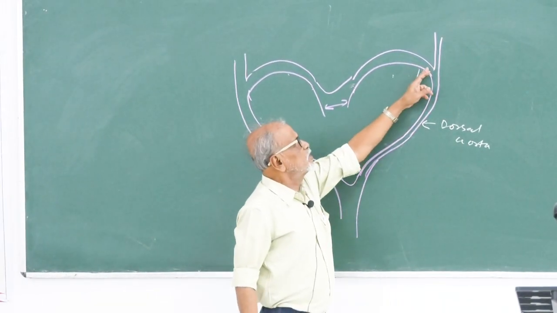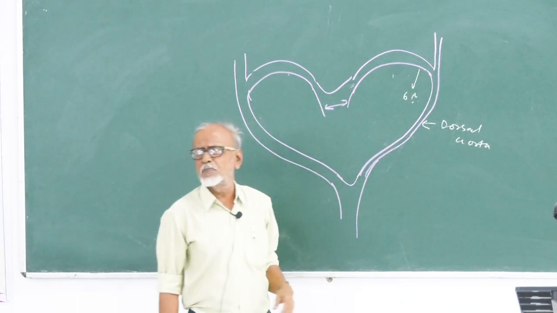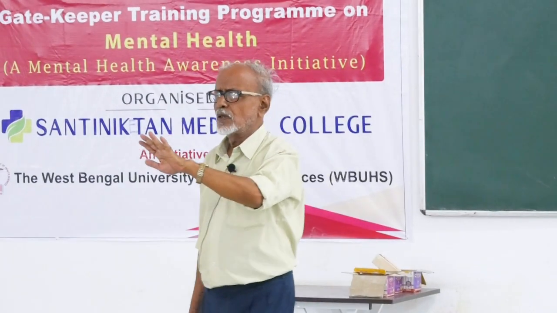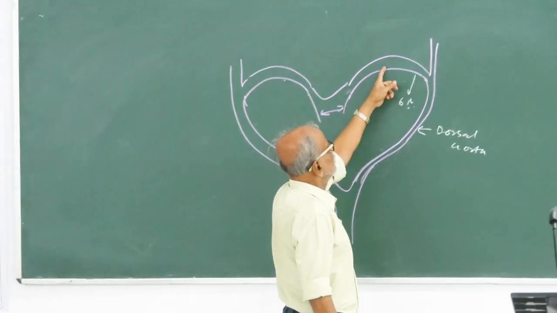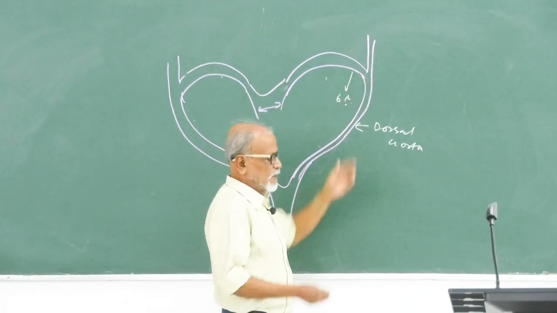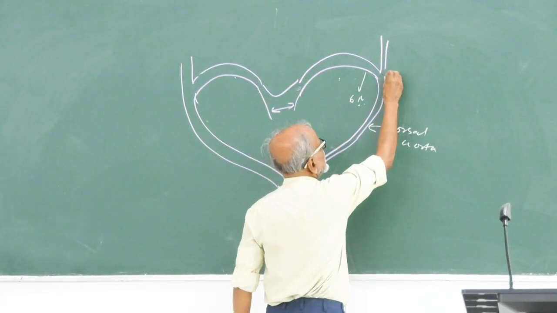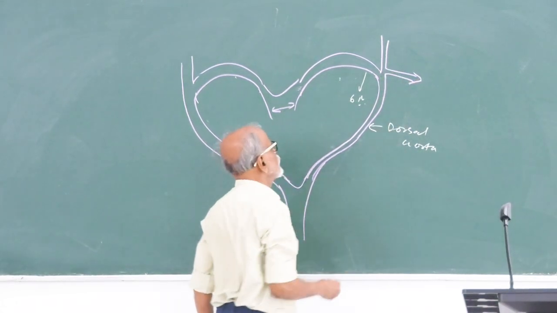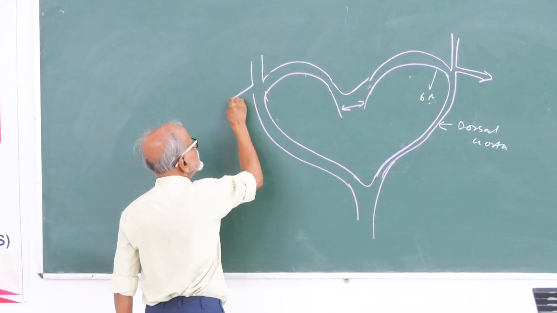Now, near their junction with the dorsal aorta, the seventh cervical intersegmental artery joins the dorsal aorta, more or less where the sixth arch artery is joining it. At this level, the seventh cervical intersegmental artery, which will be going to the upper limb, is joining the dorsal aorta.